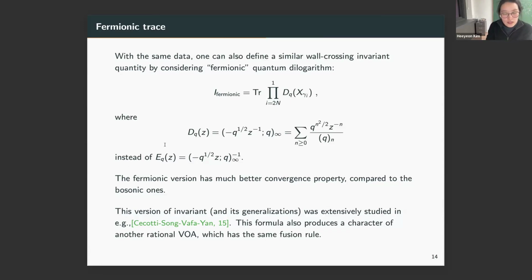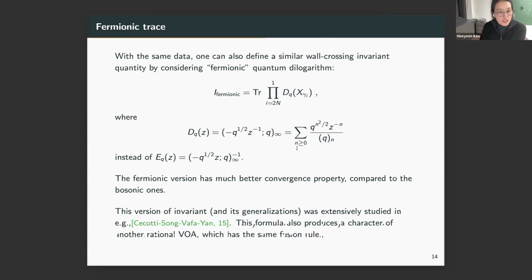Instead of this q-exponential that we defined before, you can use its inverse, which is sometimes called the fermionic quantum dilogarithm. And the order of this product is the opposite of what we had before, so that the various wall-crossing moves of this expression are well defined.